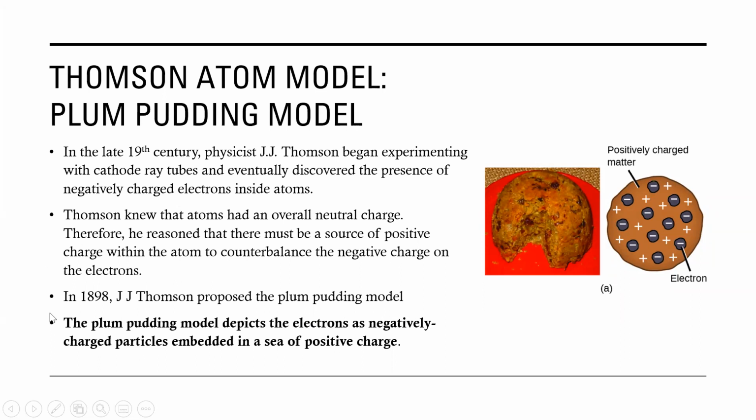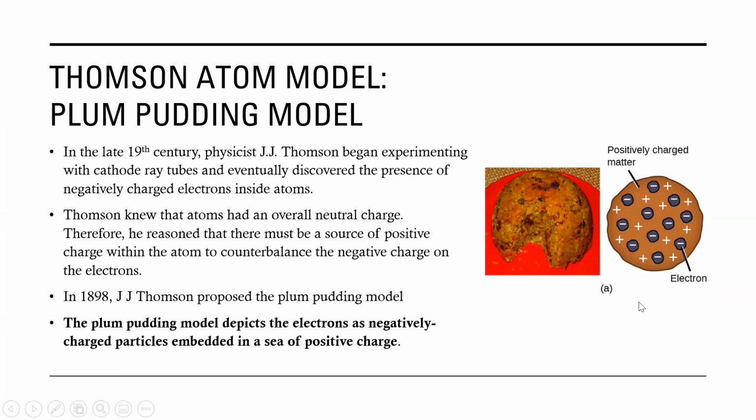According to this model, electrons are negatively charged particles embedded in a sea of positive charge, like you can see plums inside a pudding. So this is a picture of a pudding and you can see plums which are embedded inside.